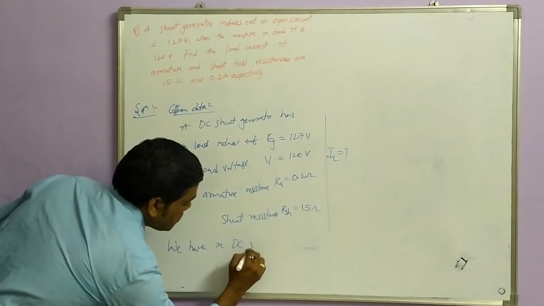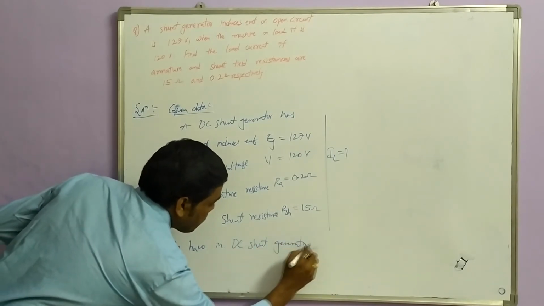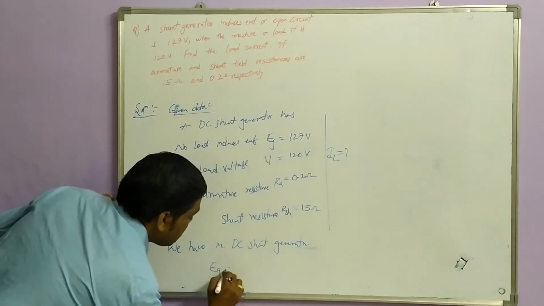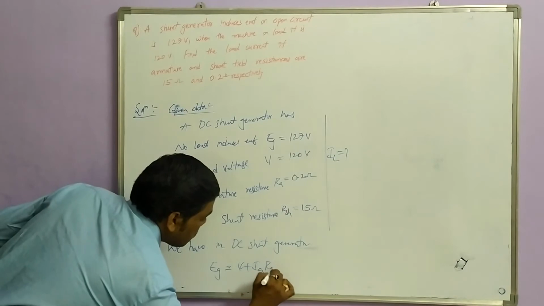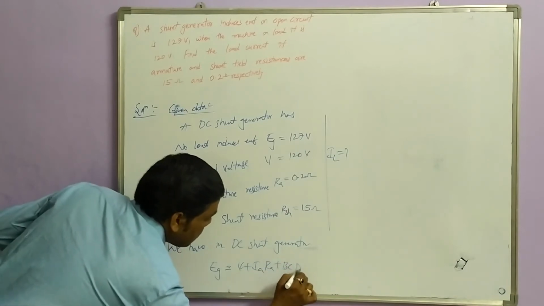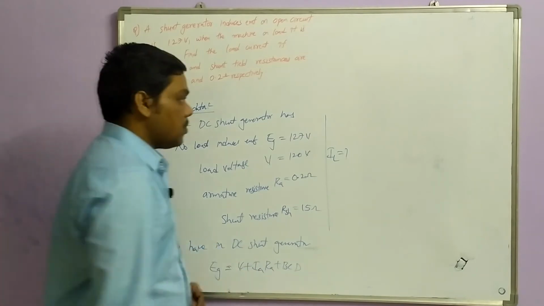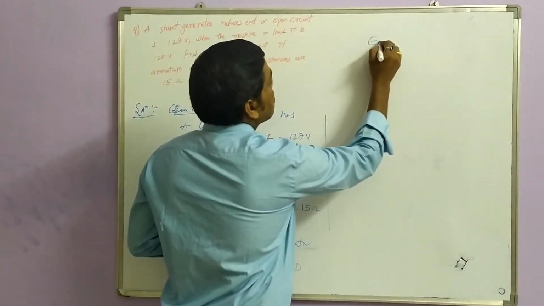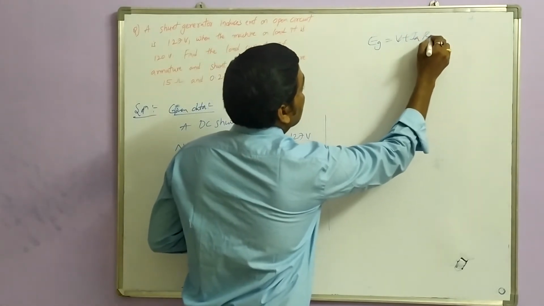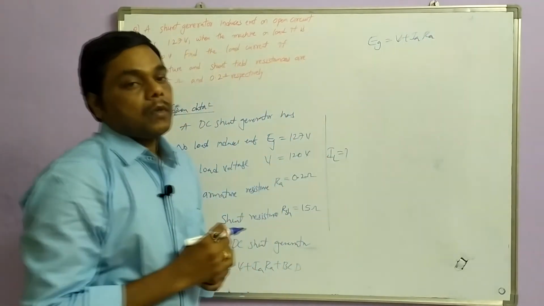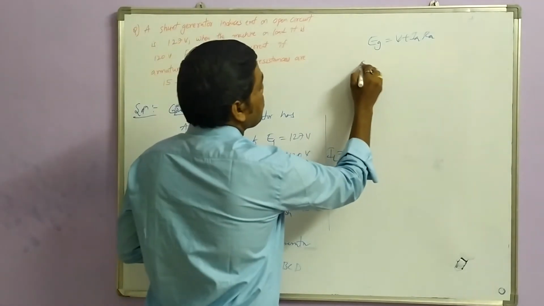In DC shunt generators, EG is equal to V plus IA into RA plus BCD. Since BCD is equal to 0, EG is equal to V plus IA into RA.